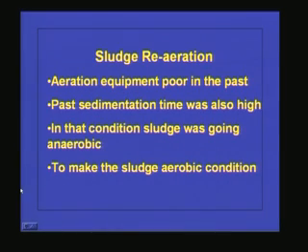Okay. Now we will come to the next process modification, that is sludge reaeration. In the earlier stages, aeration equipment had very poor capacity. So they were not able to provide the oxygen requirement that was required in the aeration tank, especially in the initial stages where the oxygen requirement is very, very high.